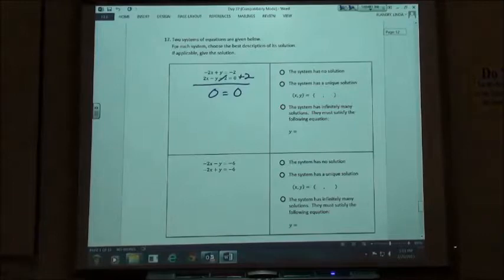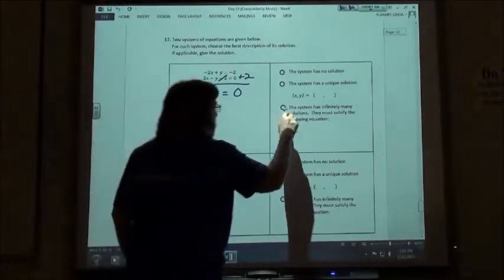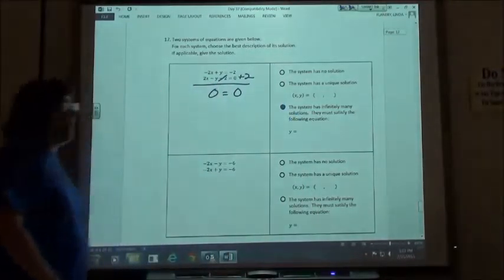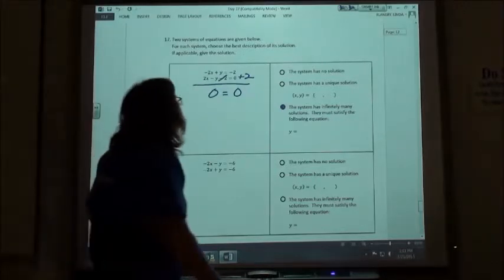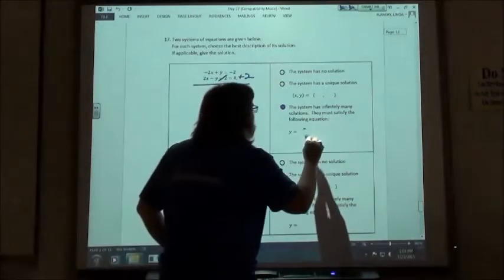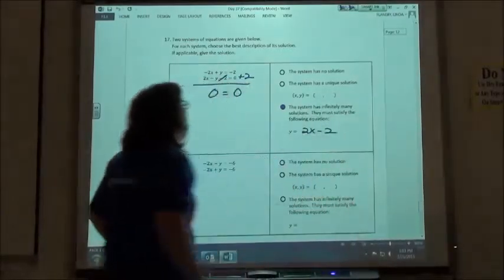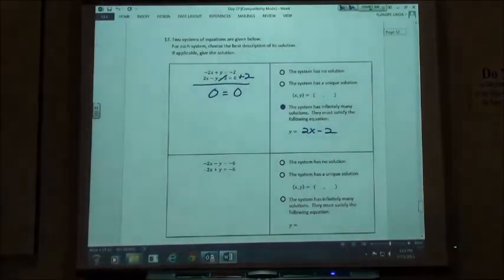So my solution is that I have infinite many solutions. And if I solve that top equation for y, that one's pretty easy to solve for y, I would get positive 2x minus 2, right? Because I just need to move my 2x to the other side, so it becomes positive.